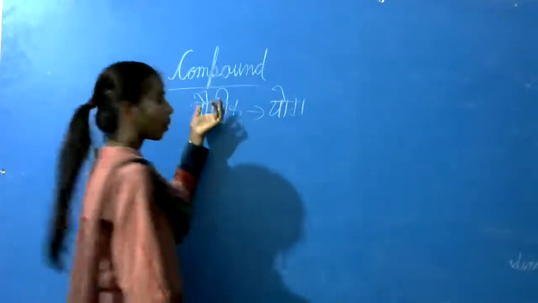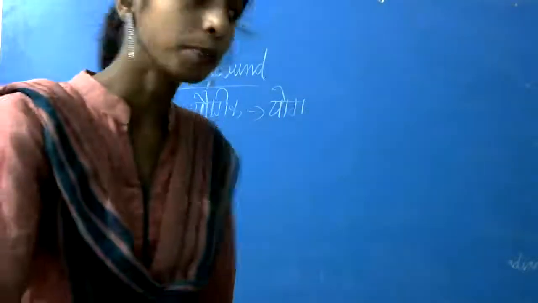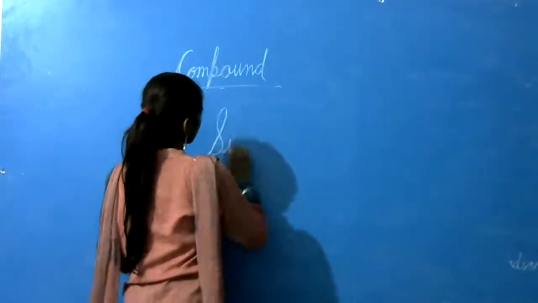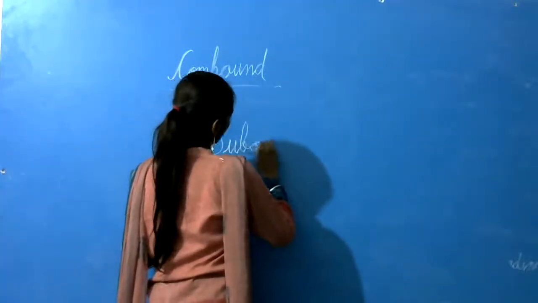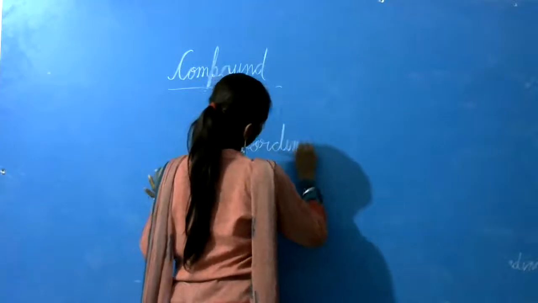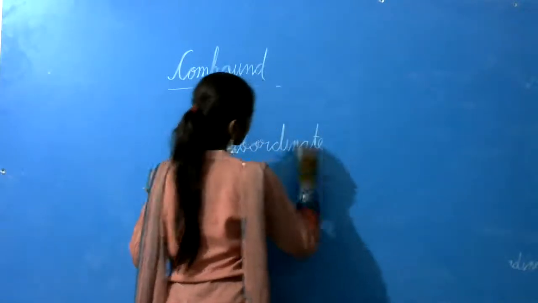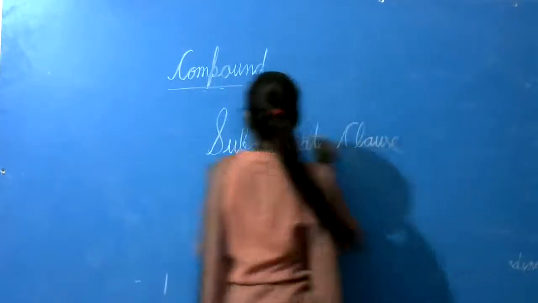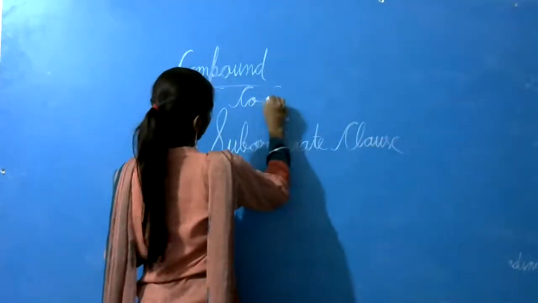Okay, so compound sentence is made up by joining two sentences. So before knowing compound sentences, you should know about subordinate clause and coordinate clause.